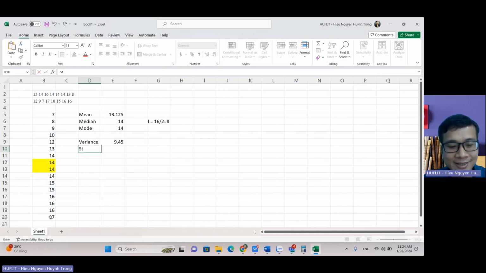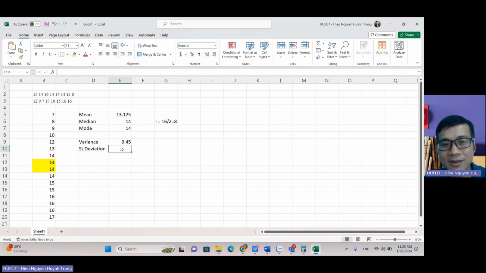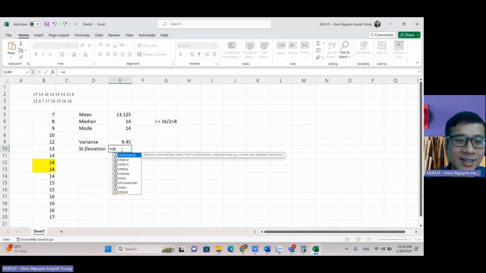How about the standard deviation? For the standard deviation, it's very simple. You can just take the square root of 9.45, or in another way, you can press the standard deviation function here.